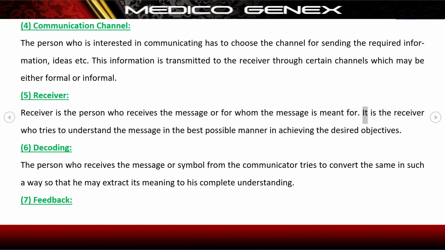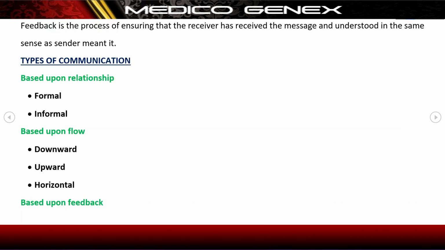It is the receiver who tries to understand the message in the best possible manner in achieving the desired objectives. 6. Decoding. The person who receives the message or symbol from the communicator tries to convert it in such a way that he may extract its meaning to his complete understanding. 7. Feedback. Feedback is the process of ensuring that the receiver has received the message and understood it in the same sense as the sender meant it.